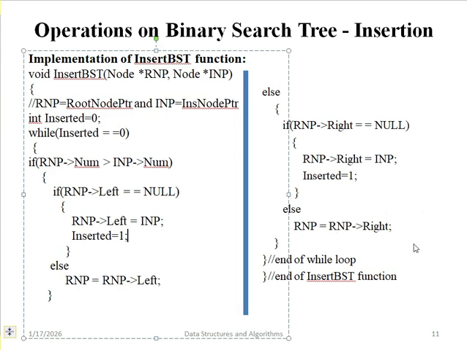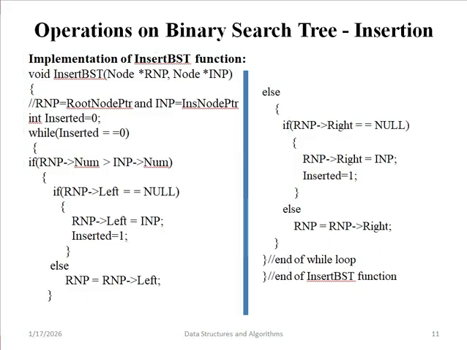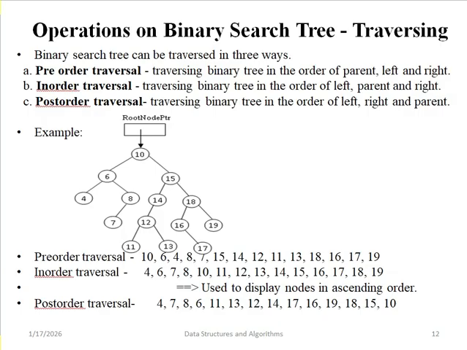So in that way the condition will be continued. Using the looping statement, it will continue looking for the appropriate position, and once the appropriate position is identified, it then adds the new node.